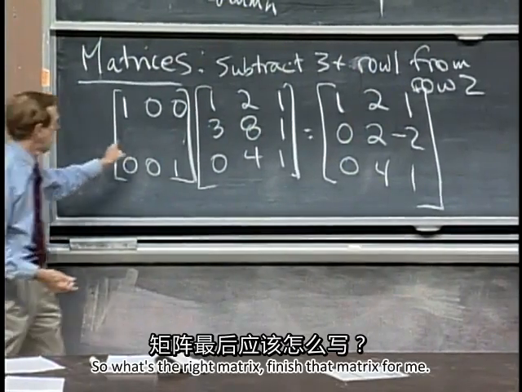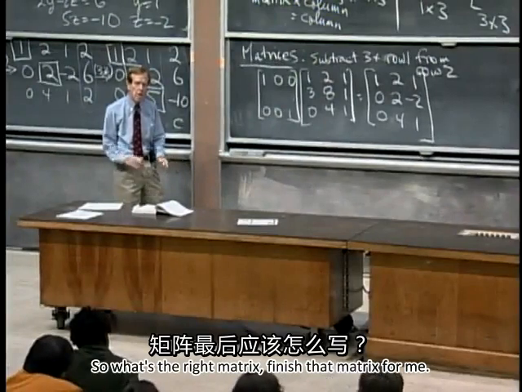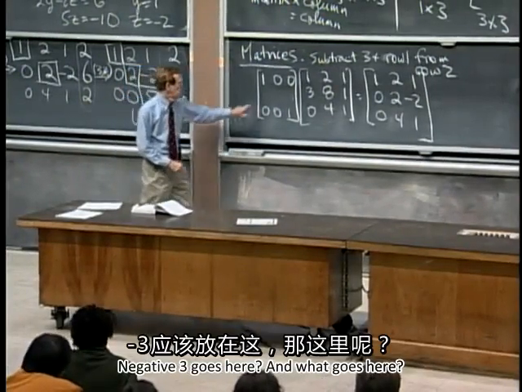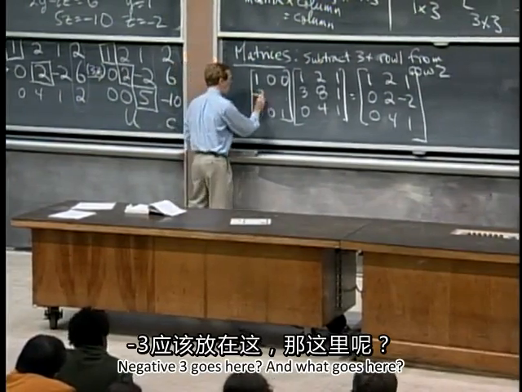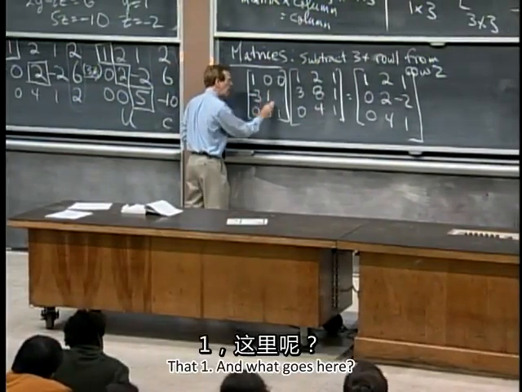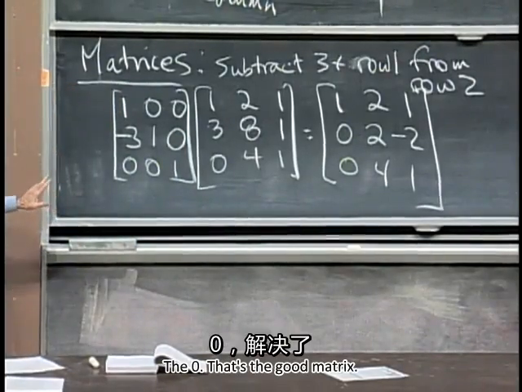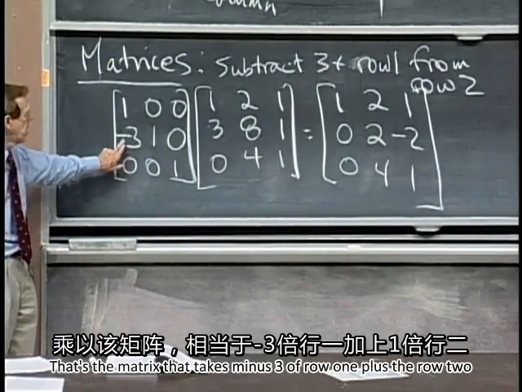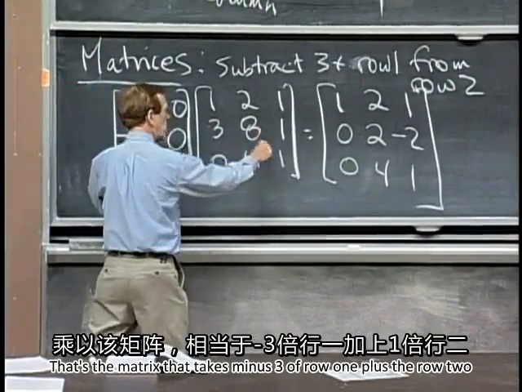So what's the right matrix to finish that matrix for me? -3 goes here. And what goes here? That 1. And what goes here? The 0. That's the good matrix. That's the matrix that takes -3 of row 1 plus the row 2 and gives the new row 2.